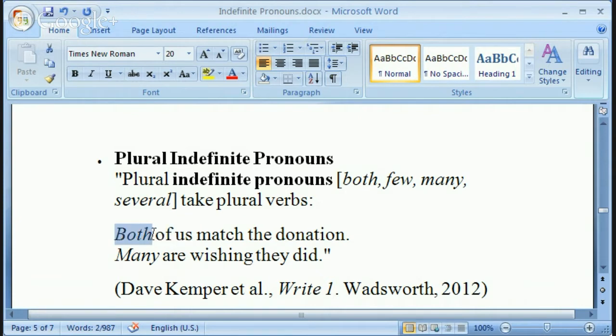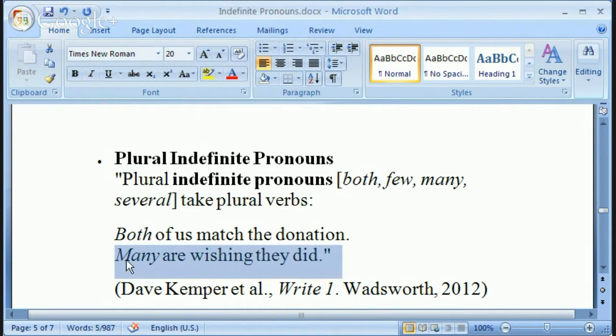This is still considered an indefinite pronoun because by itself, we don't know who it is. Very commonly, you're going to see an indefinite pronoun described by a prepositional phrase. Still, in this sentence, both would be considered the subject noun. And again, by itself, it's indefinite.